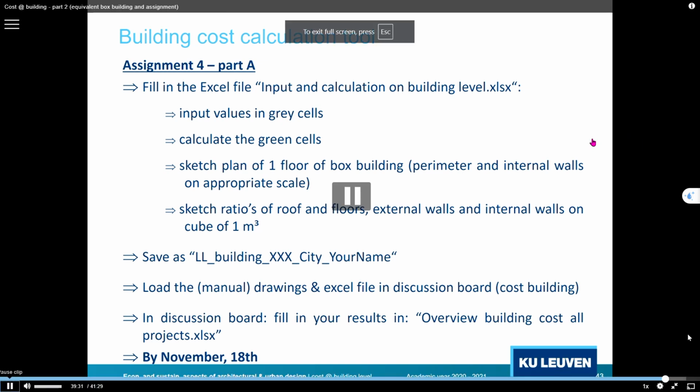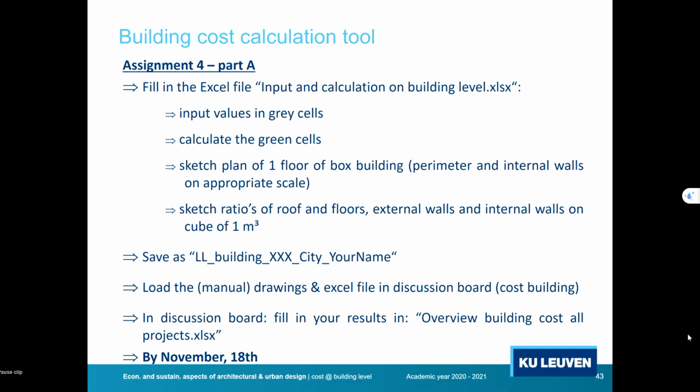Now, in the discussion board, there is also an Excel file uploaded with an overview of the building cost of all the projects, and there you fill in your data for your specific case. So the different ratios of the different elements based on your calculations in this file. You submit everything by November 18th so that I can process it to give you feedback on what you did.